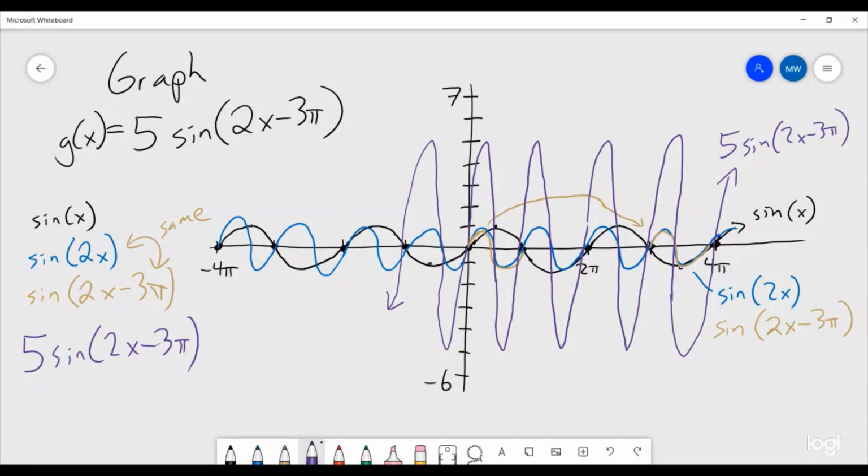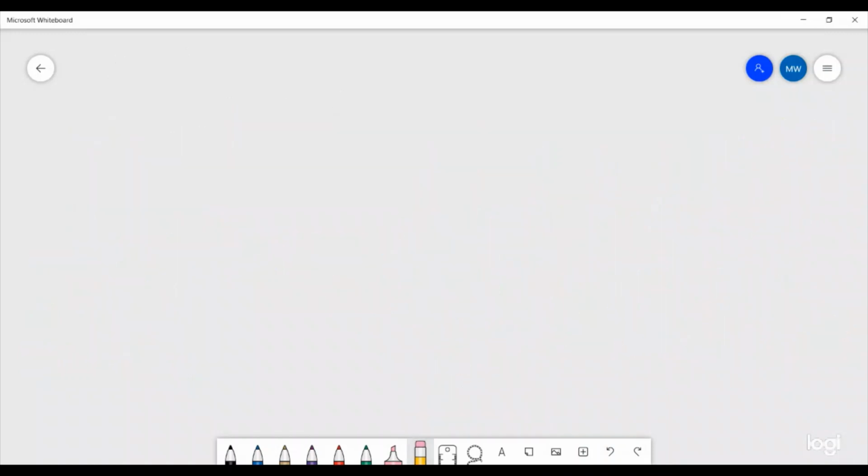Alright, let's do something new now. Let's start practicing how we would solve for x given different equations. Suppose that we are asked to solve for x from the following two equations. The first one is e to the 5x minus 2 is equal to 3.